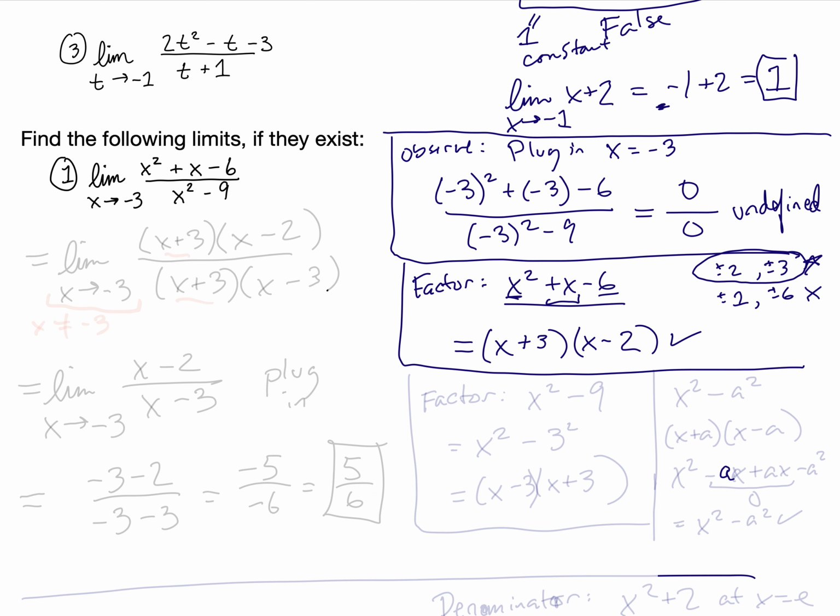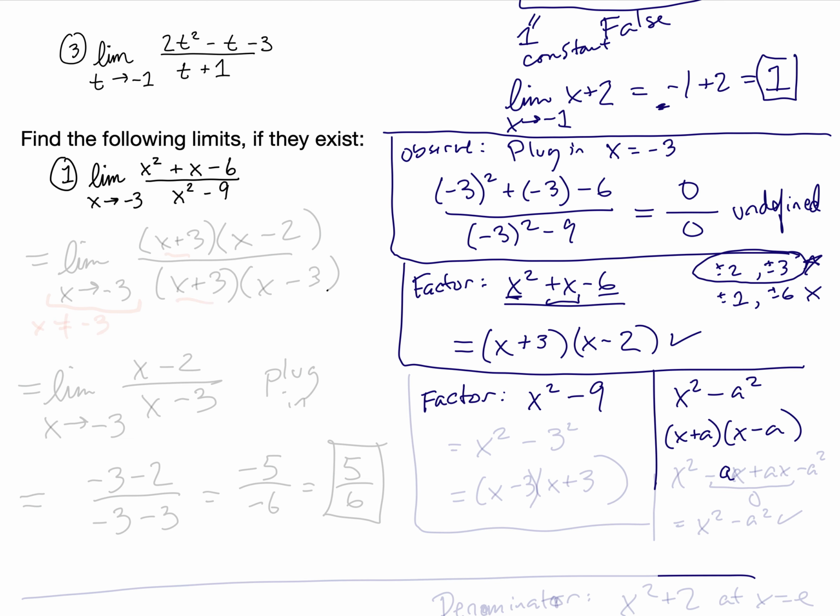And we also want to factor the denominator. So the denominator, x squared minus 9. This is of the form of a difference of squares. And anytime that you've got a difference of squares, x squared minus a squared, that will always factor as x plus a times x minus a. Why is that?